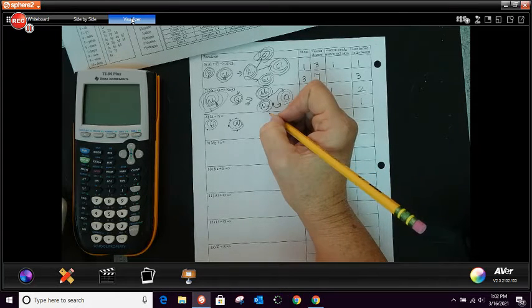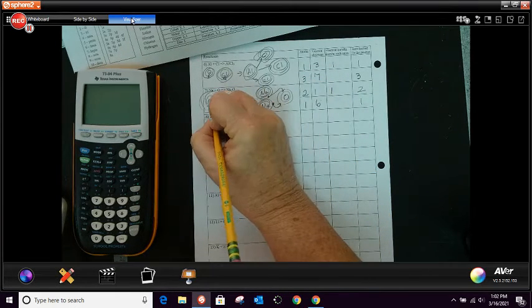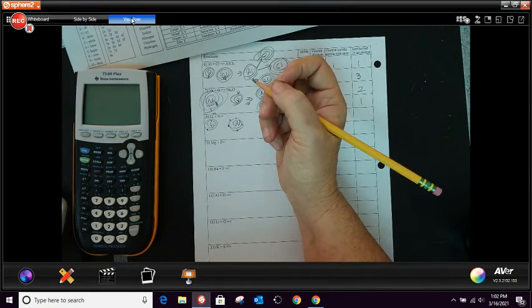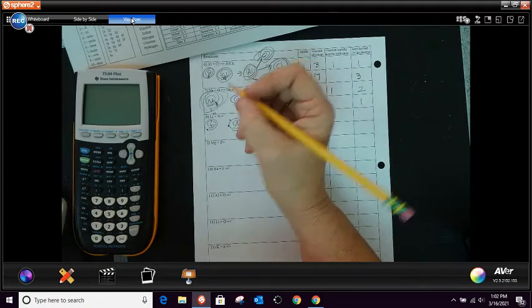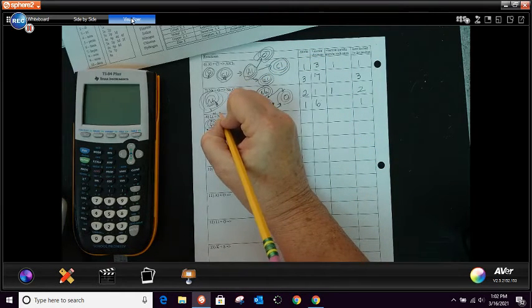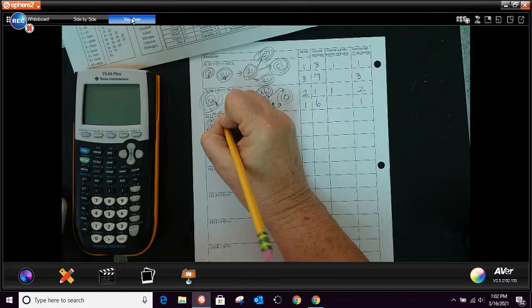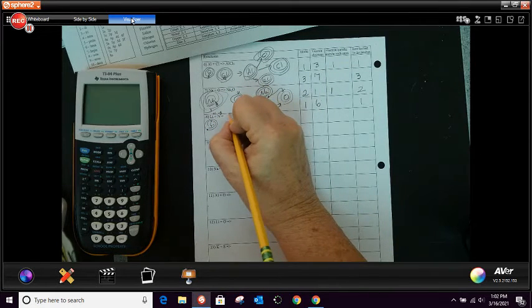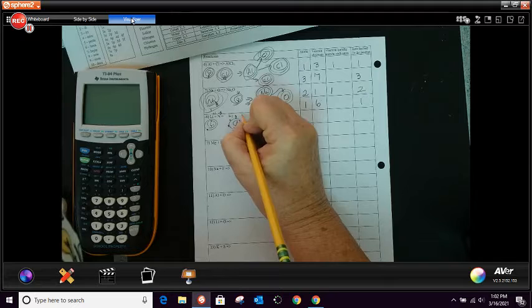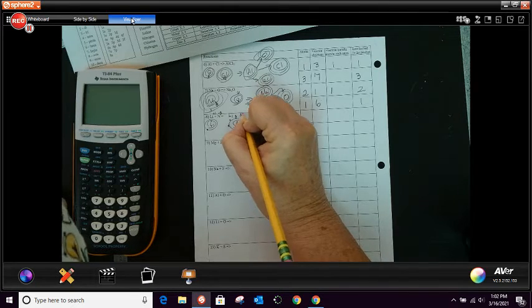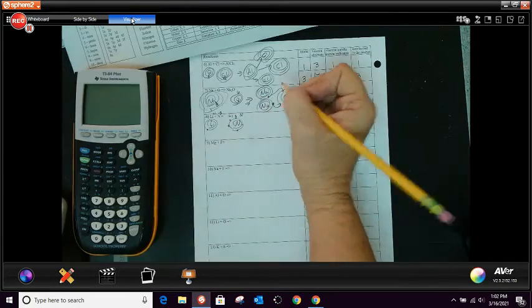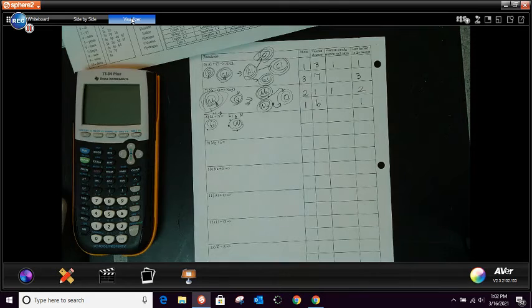Lithium has a +1 charge, correct? Nitrogen has a -3. So based on that, it should be Li3N. That tells me I would need 3 lithiums to make nitrogen happy. Does that make sense? Okay, so now you're going to draw the illustration for that.